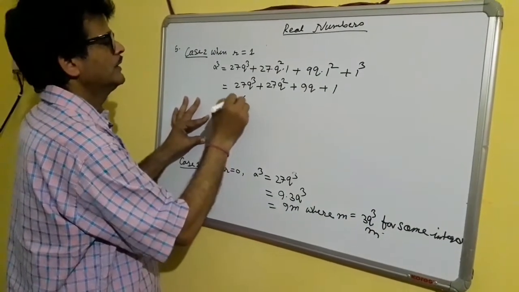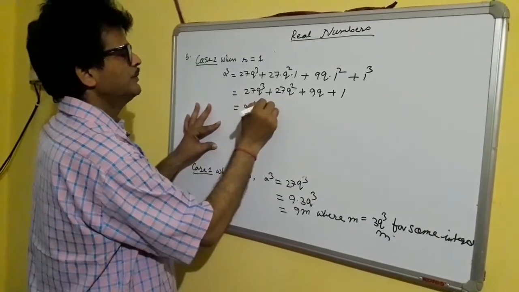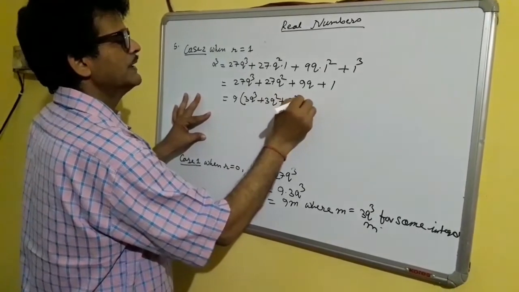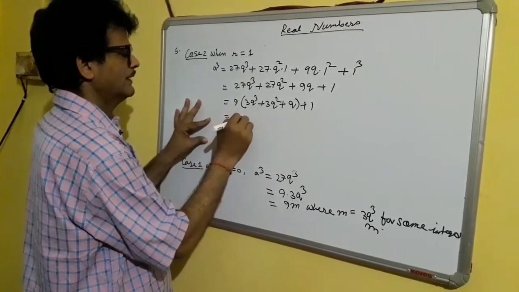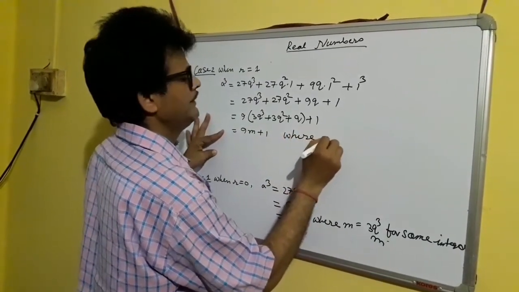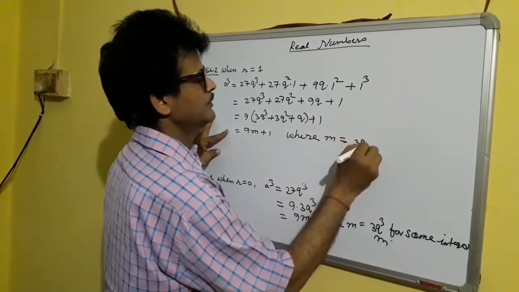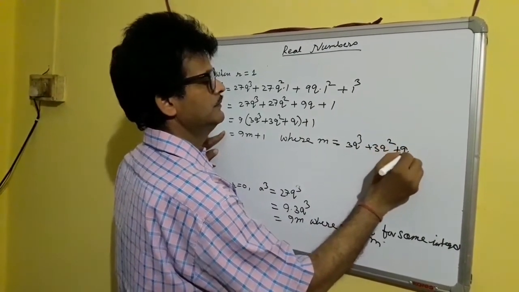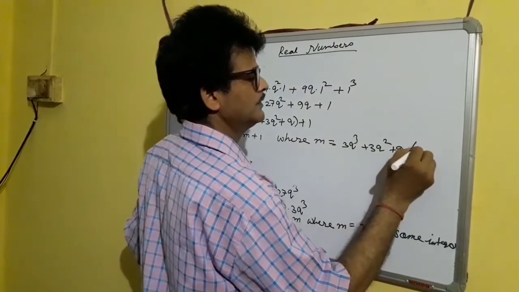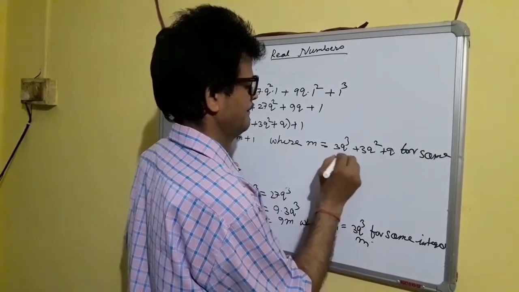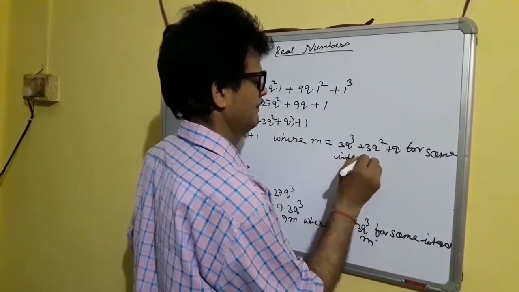From the first three terms we take 9 common, then we have 3q cube plus 3q square plus q, plus 1, which is equal to 9m plus 1, where m is equal to thrice q cube plus thrice q square plus q for some integer m.